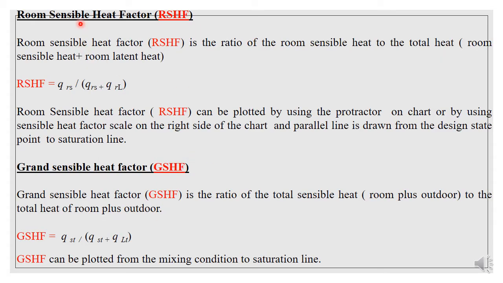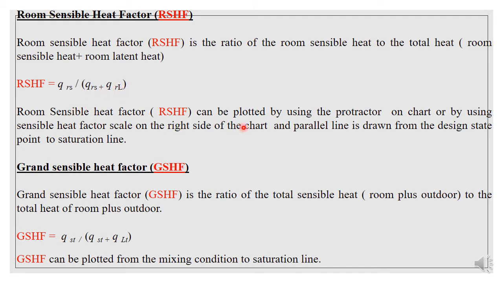So room sensible heat factor is the ratio of the room sensible heat to the total heat, and we know that total heat consists of the sensible and also the latent heat of the room. Simplified in the formula, room sensible heat factor is equal to the room sensible heat divided by the sum of the room sensible heat plus the room latent heat.